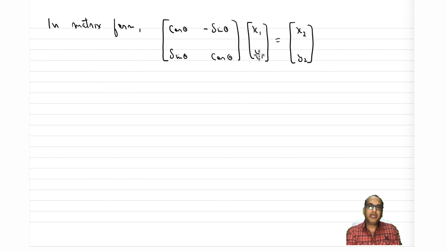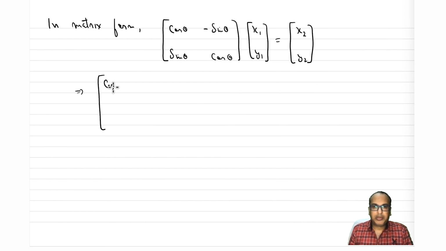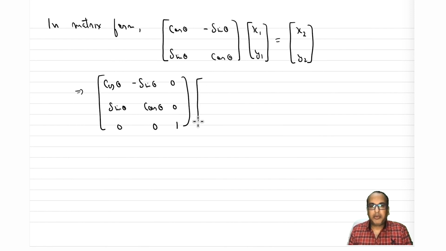Okay, so now again introducing the z-axis in the system, which is not changing, this implies that the matrix is cos theta, minus sine theta, 0; sine theta, cos theta, 0; 0, 0, 1. Right, I'm only extending the whole thing into the third dimension, which is z, which does not change.